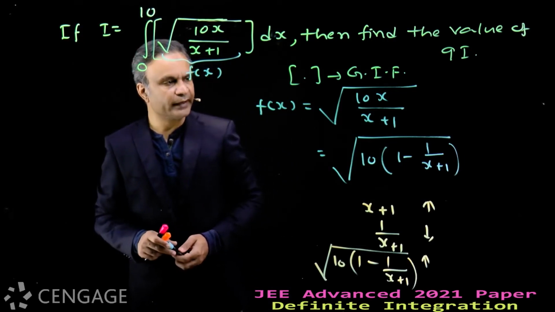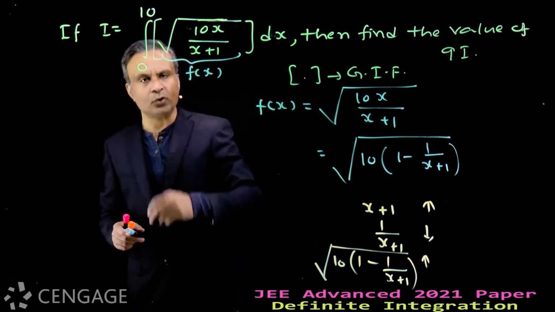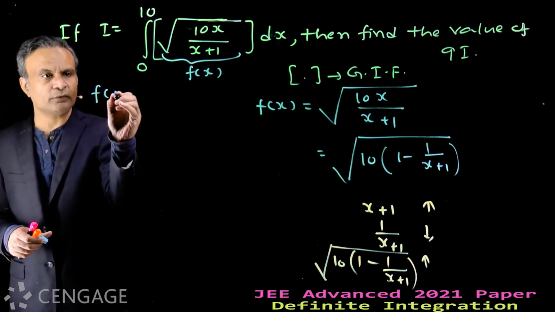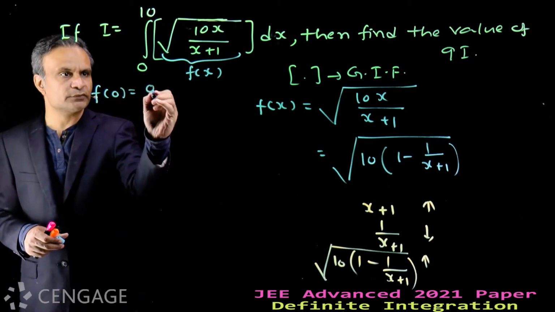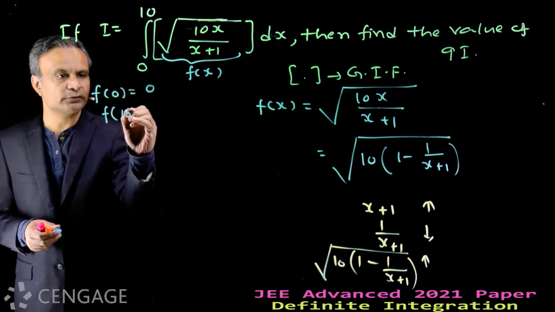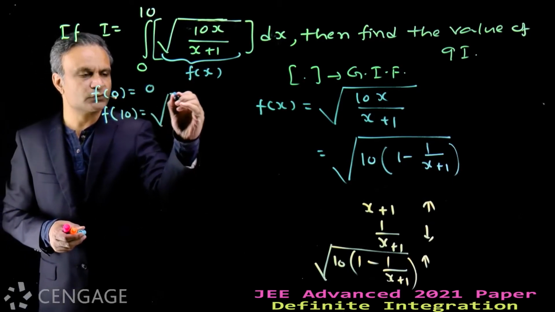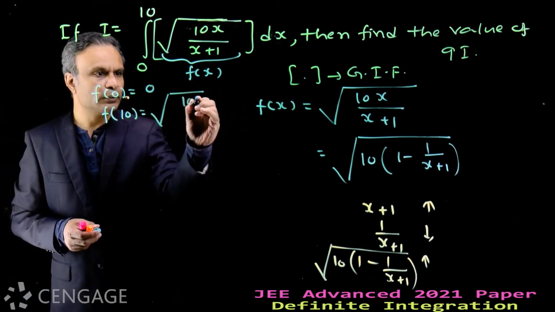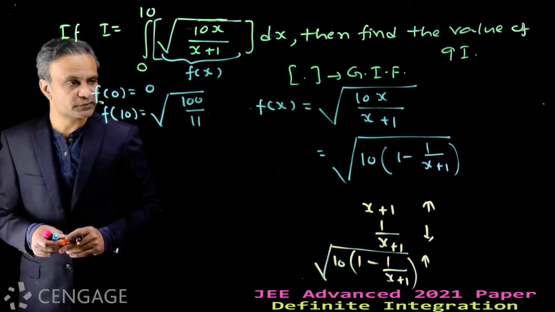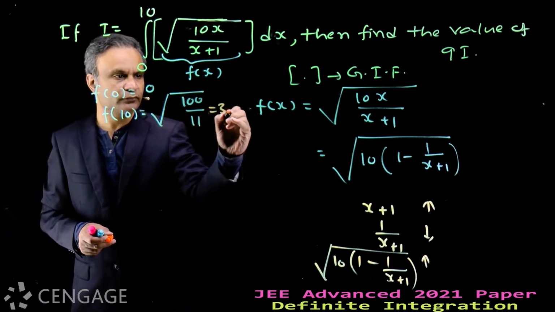Then we find the values of f x at endpoints of intervals. Here we have values 0 and 10. Value of f of 0 is 0, and value of f of 10 will be square root of 100 over 11. 100 upon 11 is 9 point something, so its square root will be 3 point something.